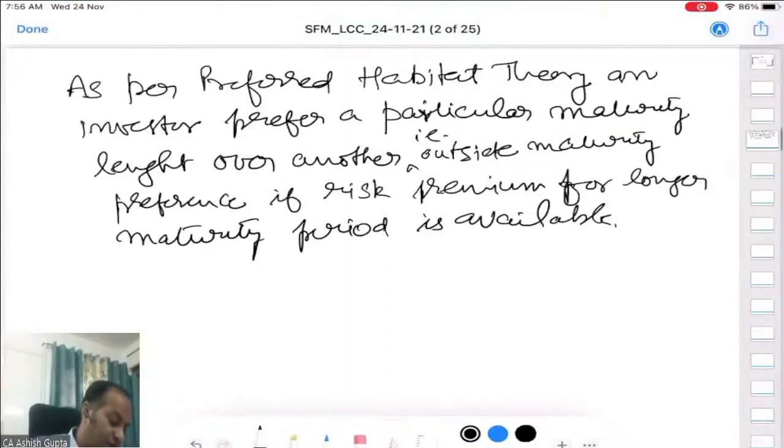Now students, say I tell the investor to invest the money for 3 years at the rate of 8%.